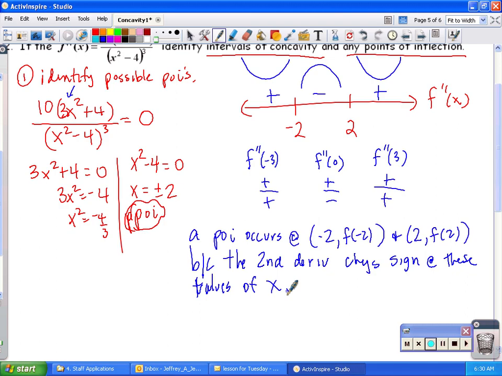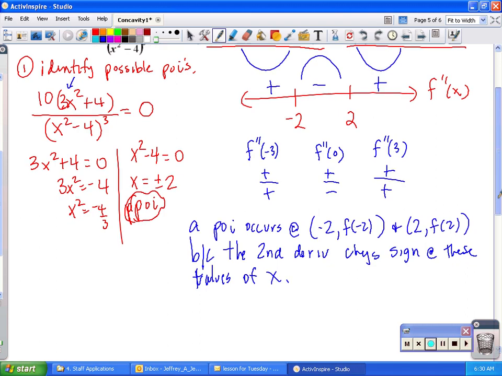Okay, so that's how you use the second derivative to identify concavity.